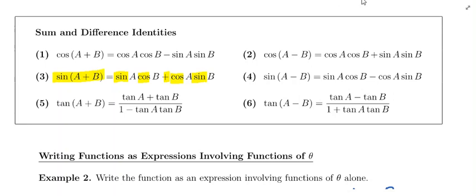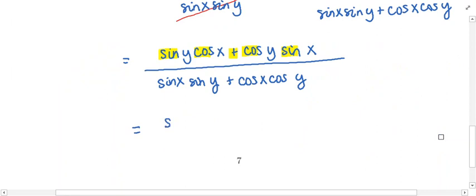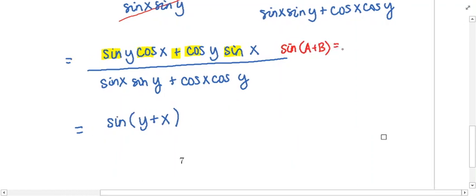So this is going to turn into the sine of y plus x. Because remember, if I write this down, if I have sine of a plus b, I'm just writing the generic formula here. It is sine a cosine b plus cosine a sine b. So at this point, if you match this up to the numerator, the a value here is going to be y, and the b value is going to be x. Okay, so we're getting there.